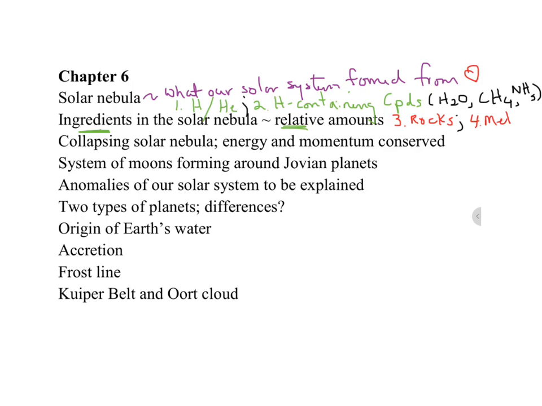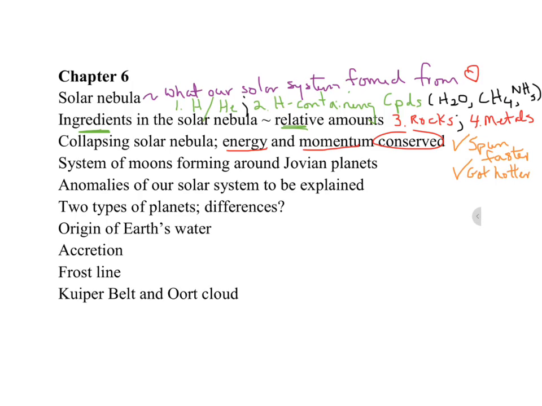The last two things with regard to stuff in the solar nebula that formed our solar system were rocks and metals, by far in minor amounts. The solar nebula, that blob that ultimately became our solar system, began collapsing, and it had a little bit of rotation, and that rotation had to be conserved in the smaller footprint.